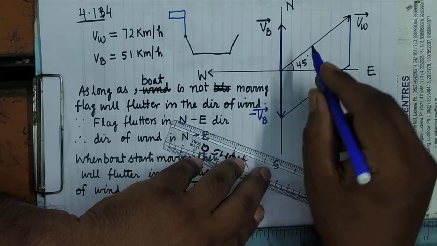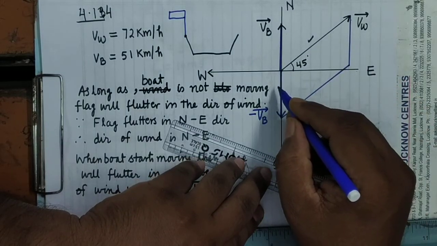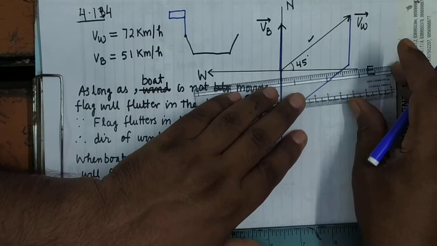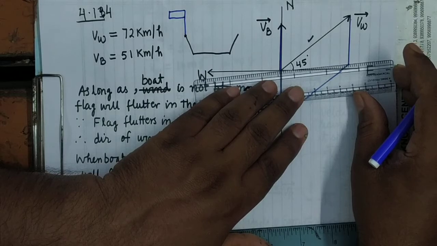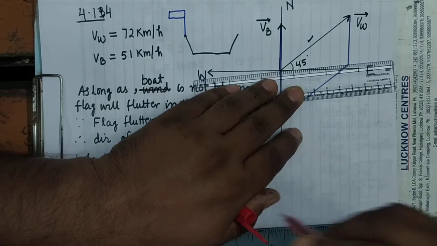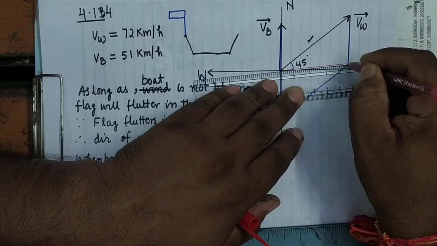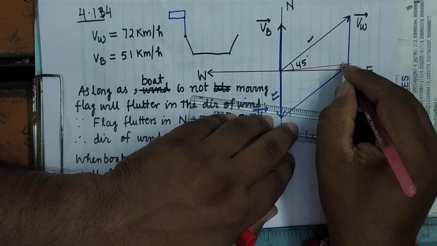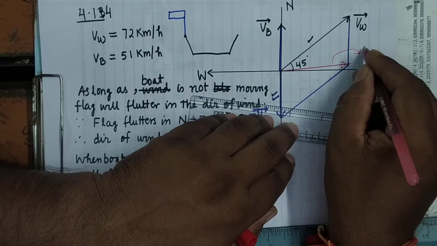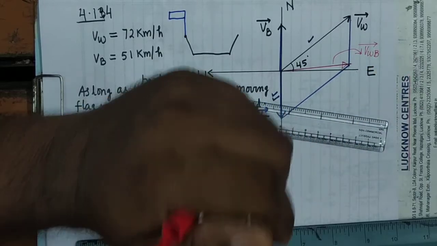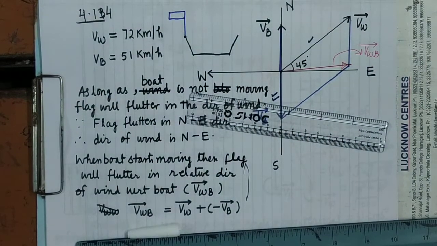So what will be the diagonal of parallelogram passing through vector VW and negative vector VB? So it will be this diagonal. It is clear. This will be the resultant that I am drawing with this pen. You have to find this direction. It is clear. This is vector VWB. In this direction flag will flutter. It's clear. So how will you find this direction?